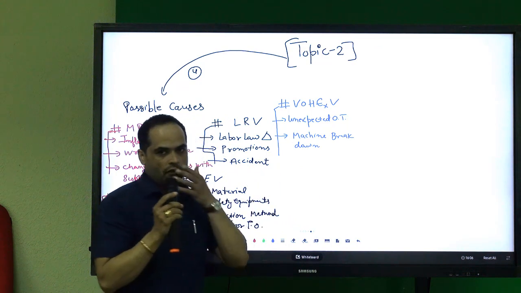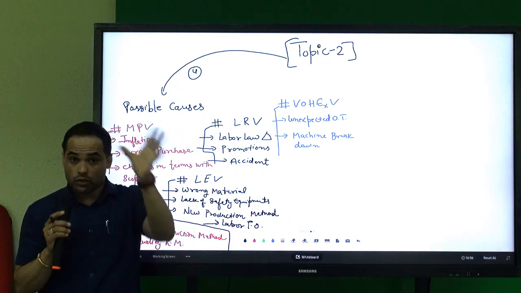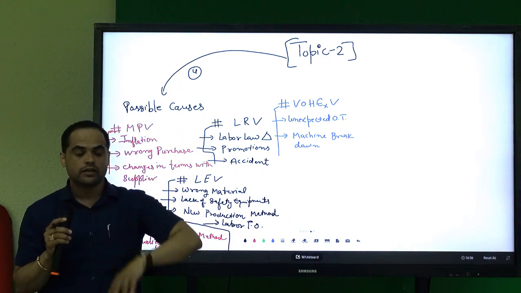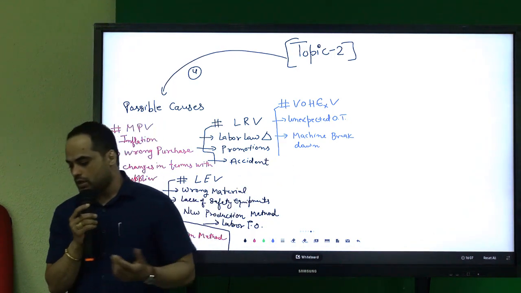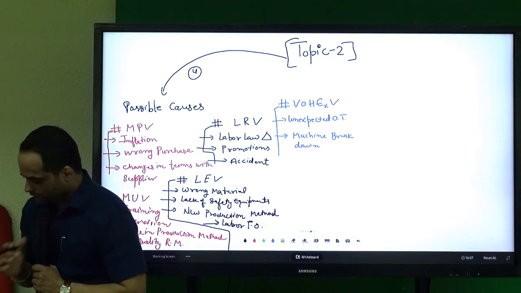Overall the machine performance will be reduced for the particular day or for the particular period. So as a result, variable overhead efficiency variance will be negative.